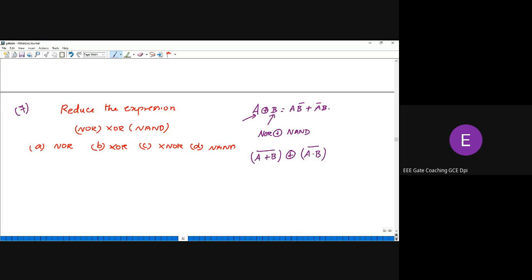Okay. So this is nothing but A bar, B bar. So you apply this formula.